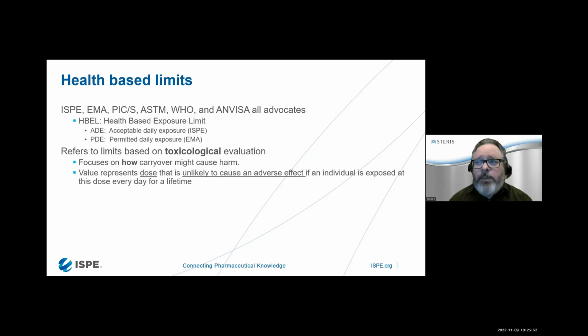The general term is health-based exposure limits, and it refers to a limit based on a toxicological evaluation, and it's focused on how carryover might cause harm to the patient that takes the product. And it represents a dose. It's generally in mgs per kg per day. And again, it's unlikely to cause an adverse effect if an individual is exposed at this dose every day for a lifetime.